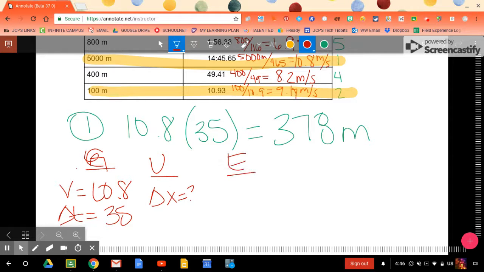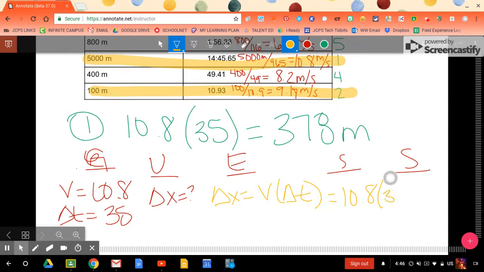Your equation is going to be change in X equals your V times your change in T. So you get, like I did up there, 10.8 times 35, and you're going to get 378 meters. Sorry, I didn't do the GUESS method to start with.